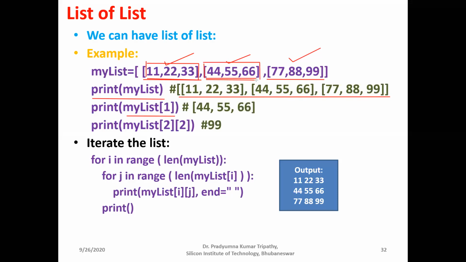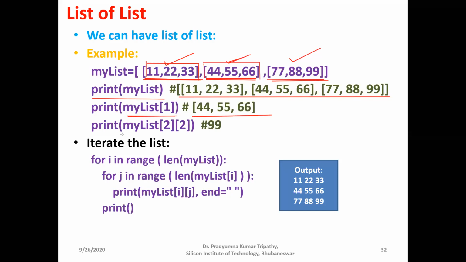So these values will be printed over here. Are you getting me? This is starting from index 0, index 1, and index 2. The moment I write my list of 1, index value 1 will be printed, but the element itself is a list, so the entire list gets printed.